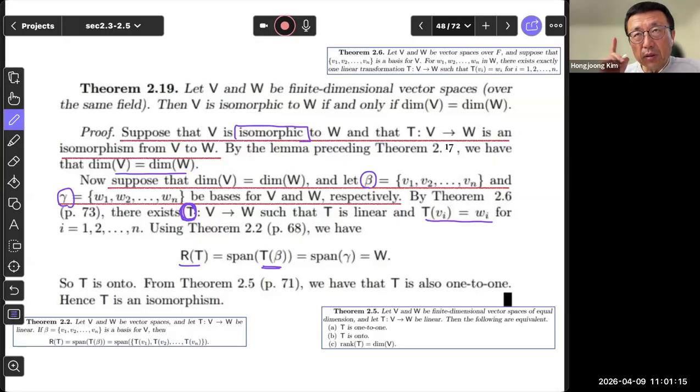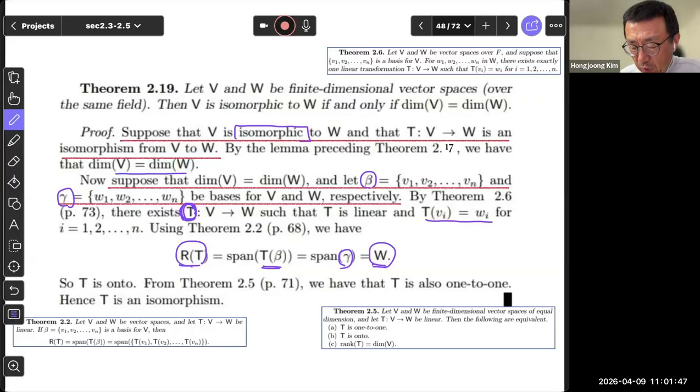And since T maps Vi to Wi, the images of the vectors in beta will be just the basis gamma. And what is gamma? Gamma is a basis for W, so its span is W. So the range and W, the codomain, are the same.